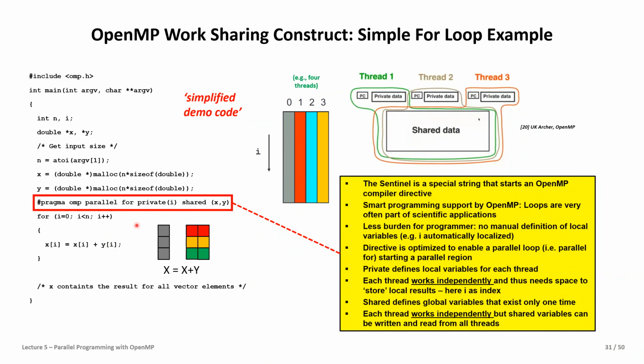All I'm saying here is that, of course, if you want to do this, let's say with 3 threads, that means every thread needs its own i variable to say, well, I take care of the zeros, you take care of the ones, and you take care of the twos, when I have 3 threads executing this. Very simplified example, right? But still captures the essence of how that works.